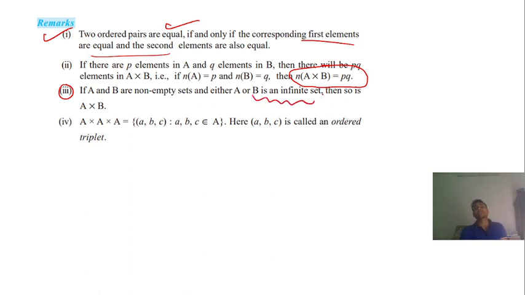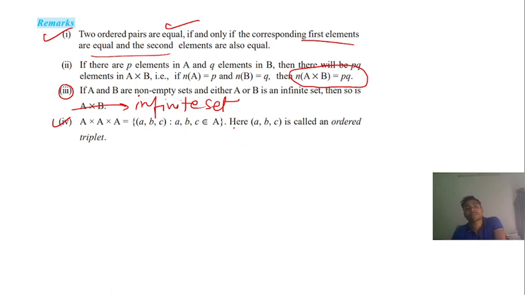Suppose A or B is infinite, then A cross B is also an infinite set, because you will have to ultimately multiply each and every term of A to each and every term of B. That's why if any one of the sets is infinite, then you will get infinite terms in the A cross B Cartesian product.